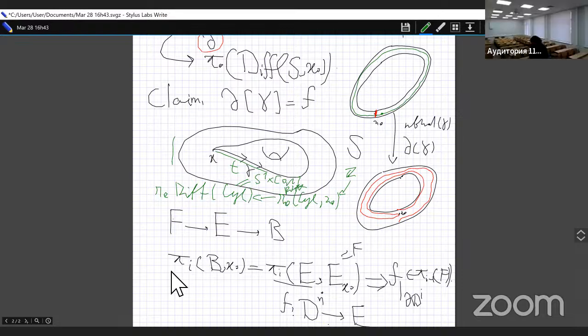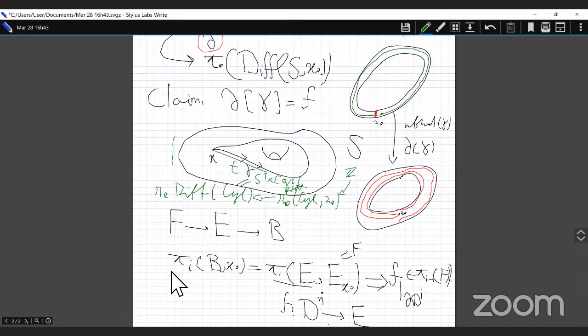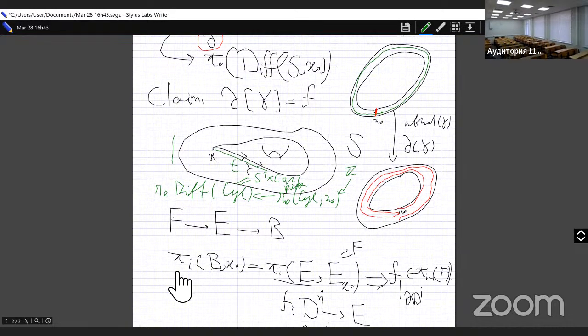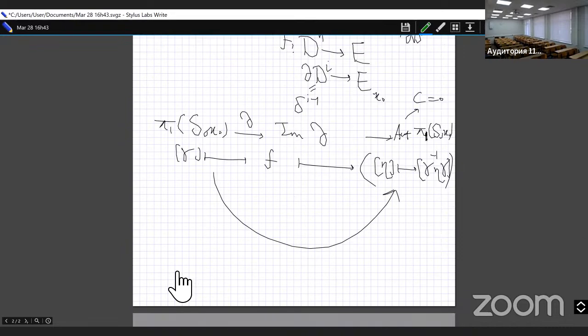And Hatcher claims it's conjugation, by gamma or gamma minus 1. And so, as the center of pi1 is 0 for most of the surfaces, we have this injectivity.